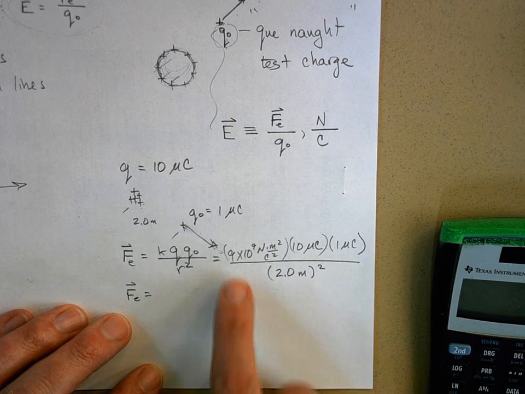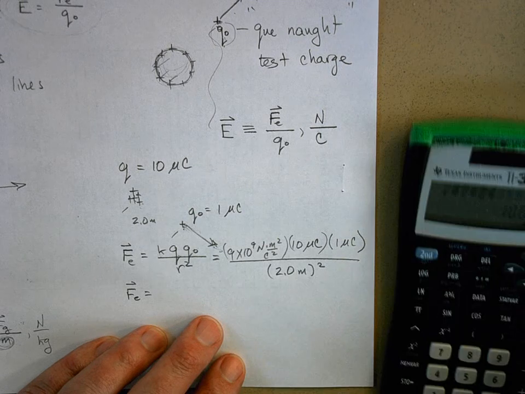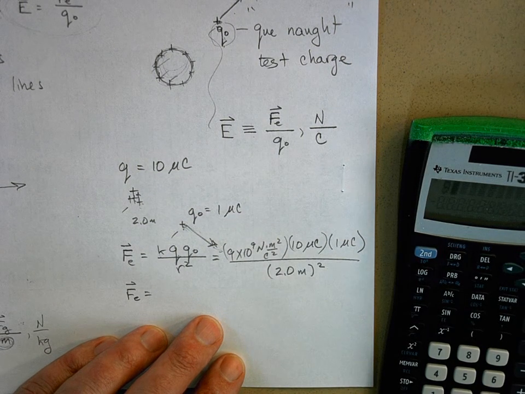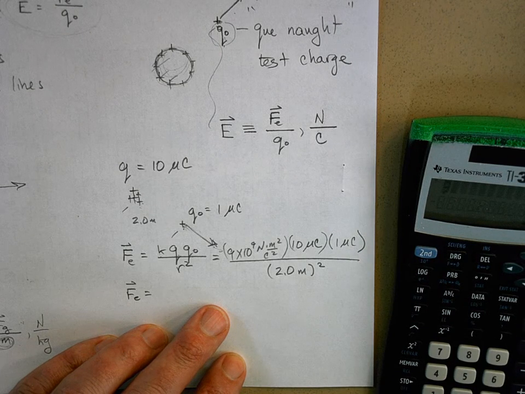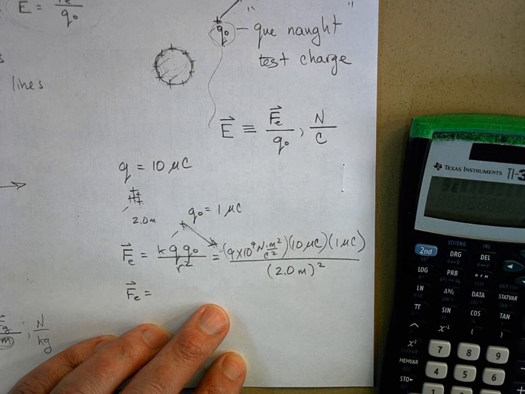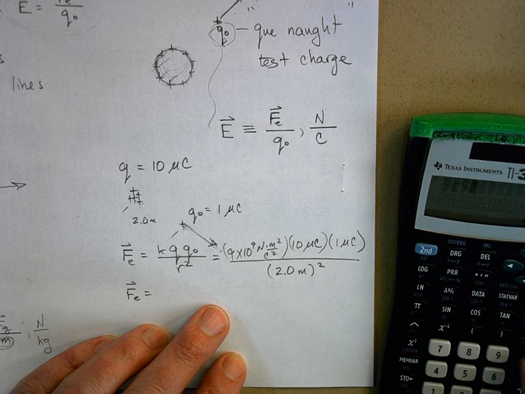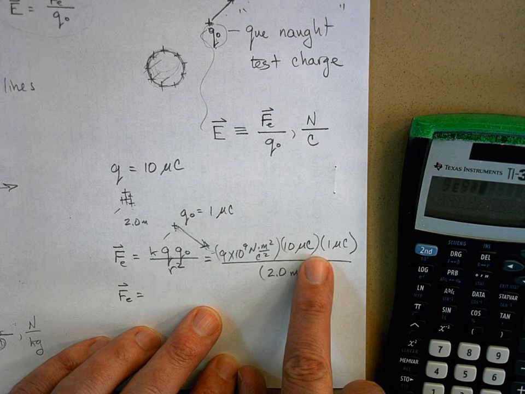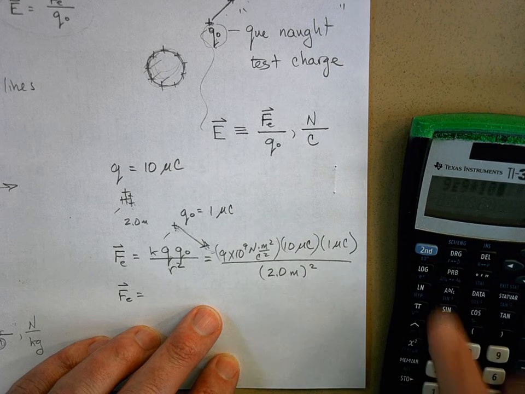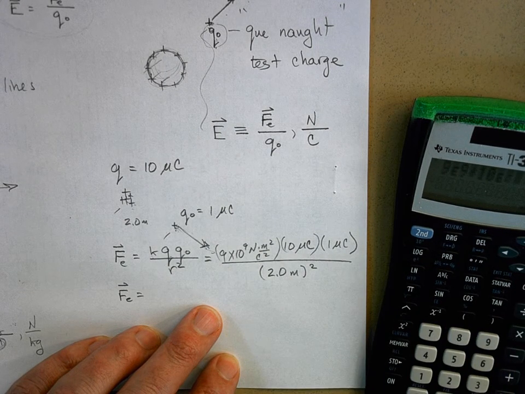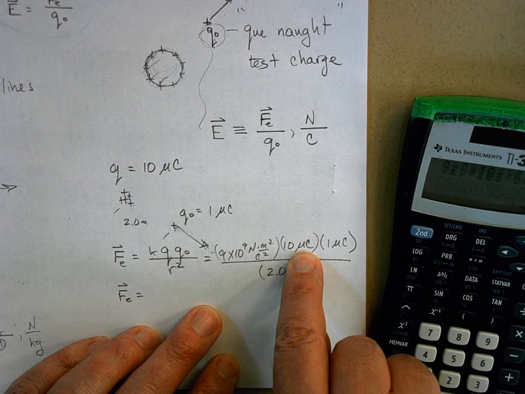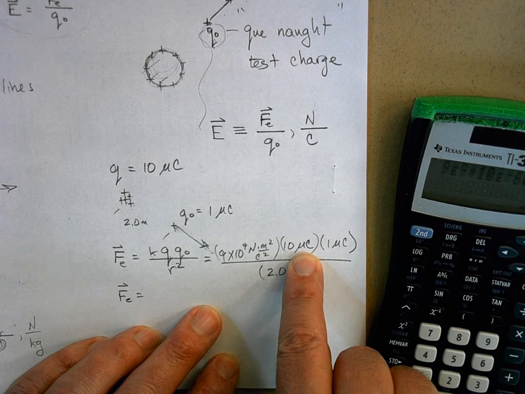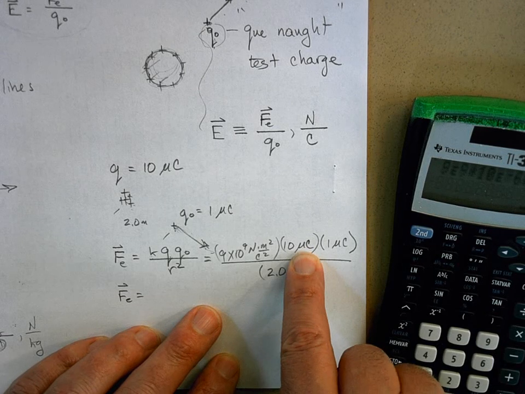Okay, so here we have 9, or you can put 8.99 as the actual value. That's fine. 9 times 10 to the 9 times, and look at this shortcut right here. This is 10 microcoulombs, so I'm going to go times 10 to the negative 6. Don't forget that micro means times 10 to the negative 6. If you forget it, you'll be off by a factor of 1,000,000.